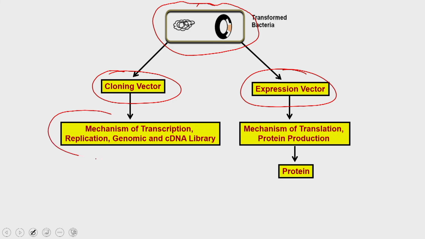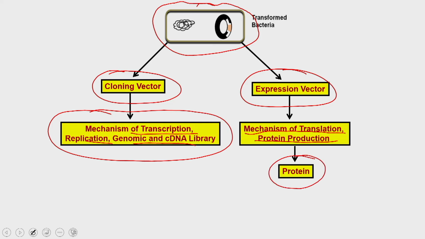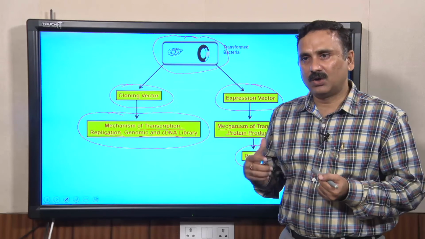A cloning vector is always used to answer questions related to the mechanism of transcription and replication, or it can be used for preparation of a genomic or cDNA library, whereas with expression vectors you can study the mechanism of translation or protein production. So, ultimately, if you clone into the expression vector, you will be able to overexpress the protein in that particular host cell.